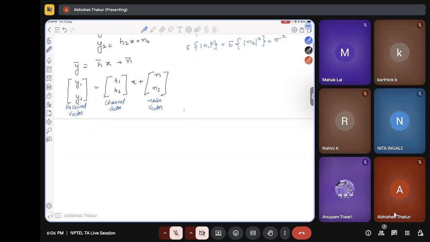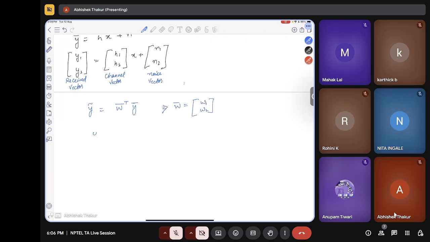Now we take y tilde, that is the multiplication with w bar transpose. This is a pre-coding vector, so that the SNR could be maximized at the receiver end. Now what is our w vector? W vector is w1, w2. This is known as the pre-coding matrix. So y tilde is multiplied with the received vector so that the SNR is maximized.